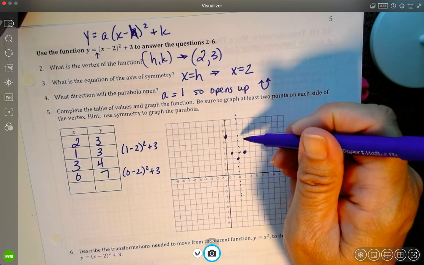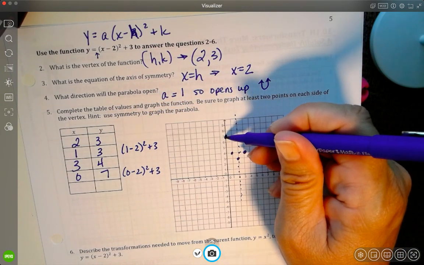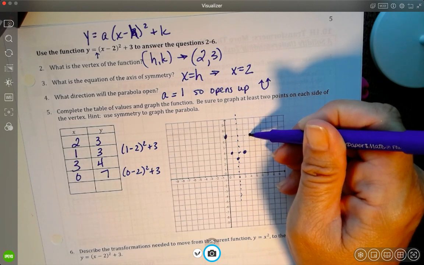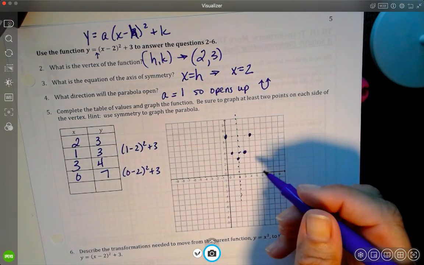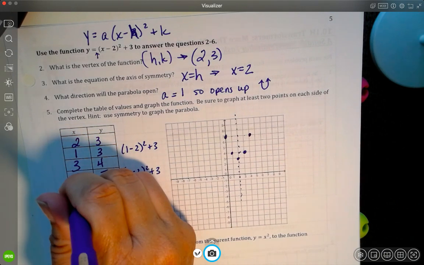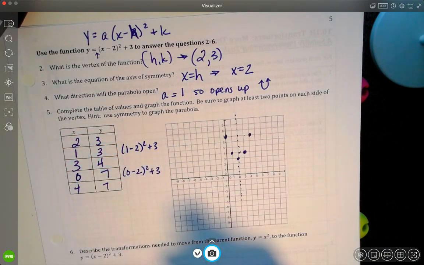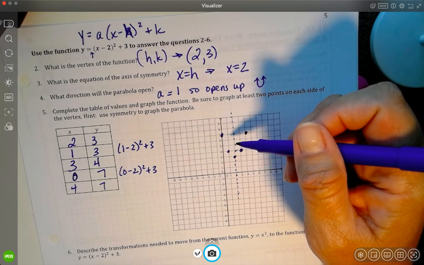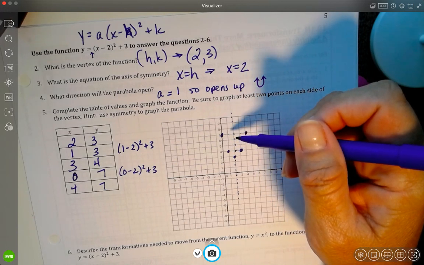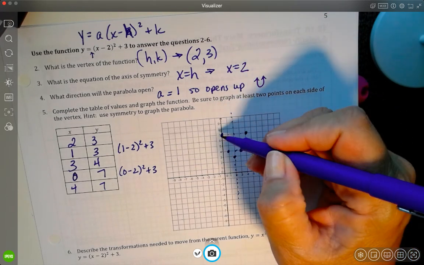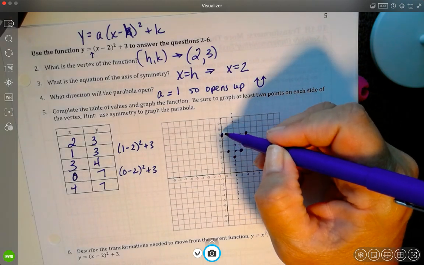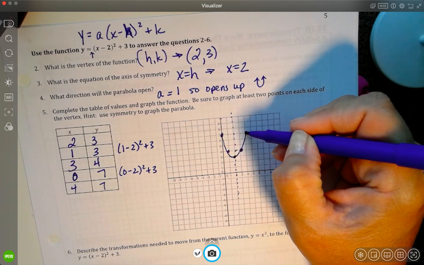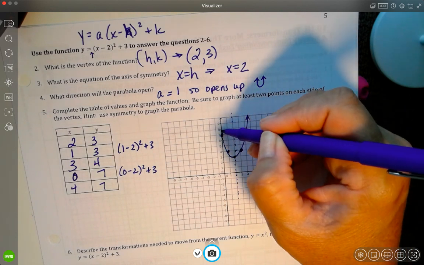So this point is 2 away from my axis of symmetry. So I know that there's another point 2 on this side. So I already know that if I plugged in 4, I would get 7. Okay. So now what you want to do is just sketch a curve. So you just want to do the best to sort of connect the dots, but not in a straight line. So you want to just sketch the curve and just extend it with arrows, just saying that it keeps going on in that direction.